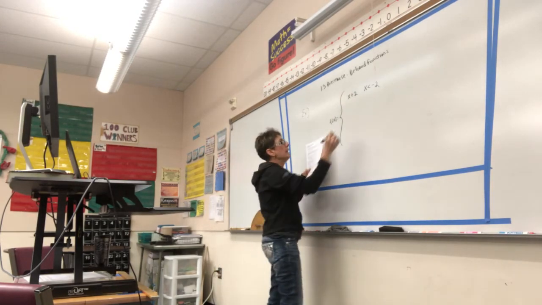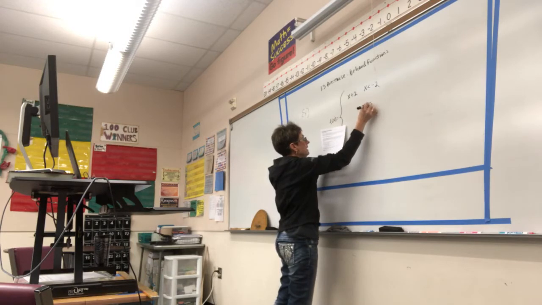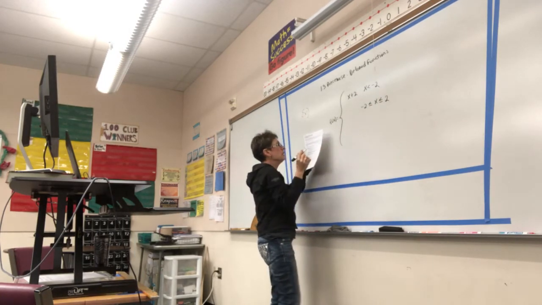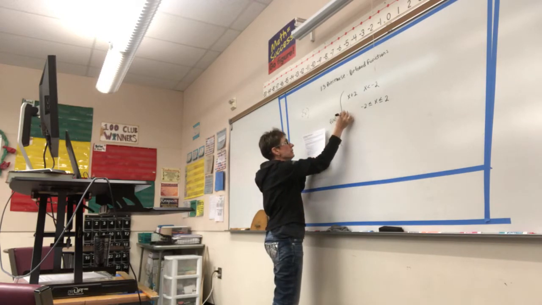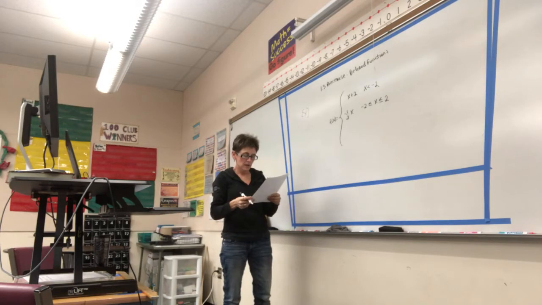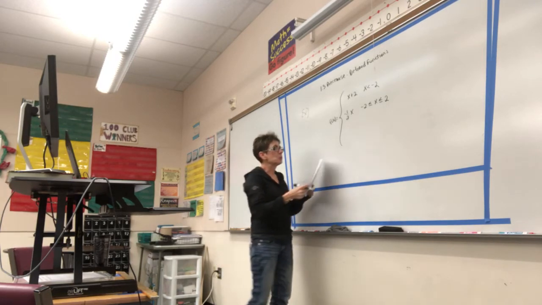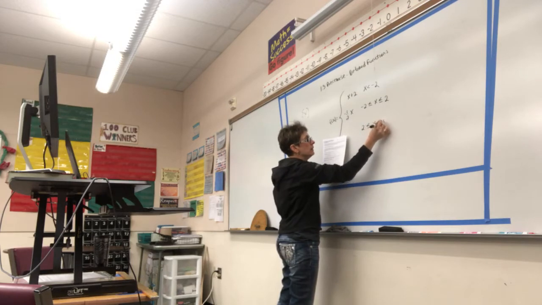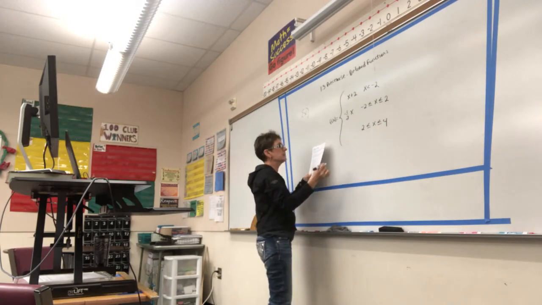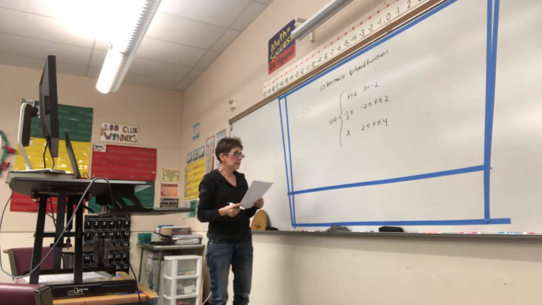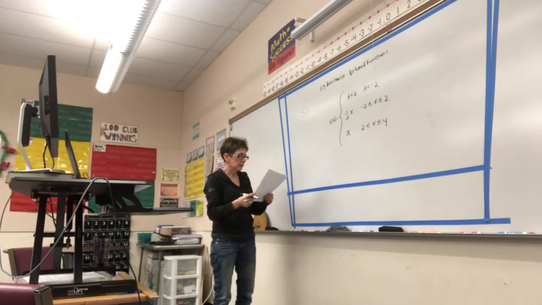Then, when x is between -2 and +2, our function becomes f of x equals -1/2 x. Then, when x is between 2 and 4, our function becomes f of x equals x.